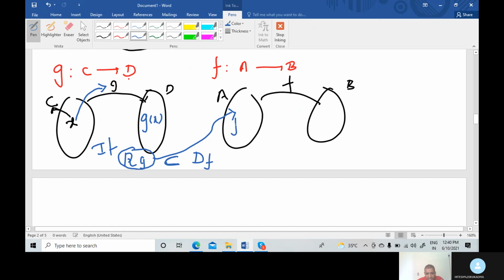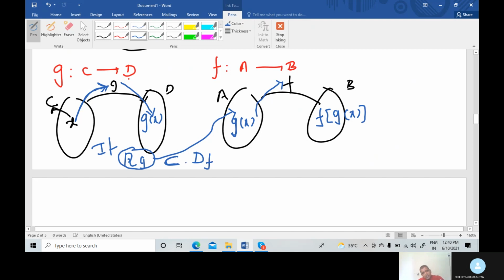So you can put here g(x). Now put the g(x) value in function f. So you can write here f of g(x), right? Exactly the same. Here you put the x value in function g. You get the answer g(x). Now continue.